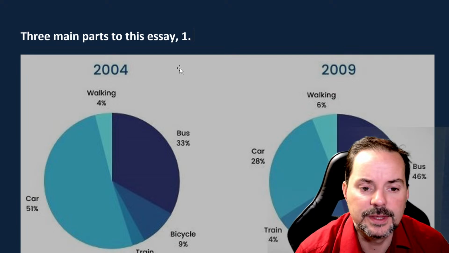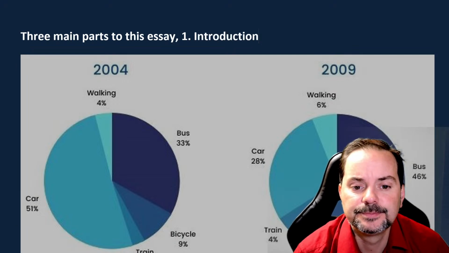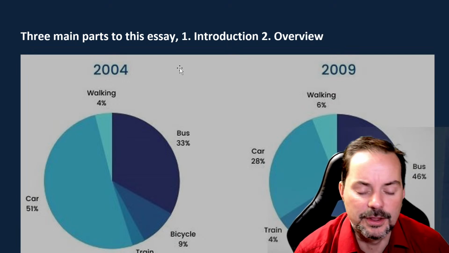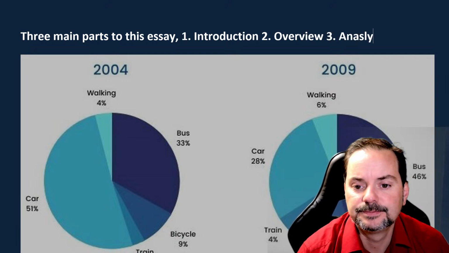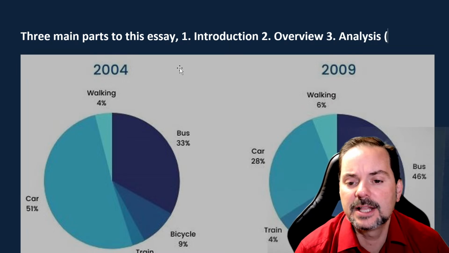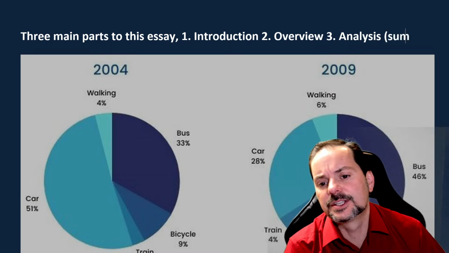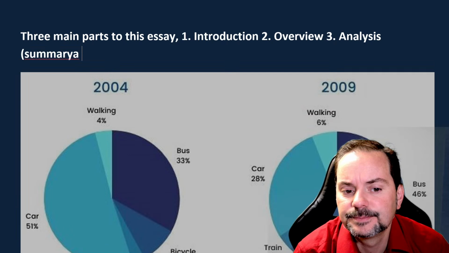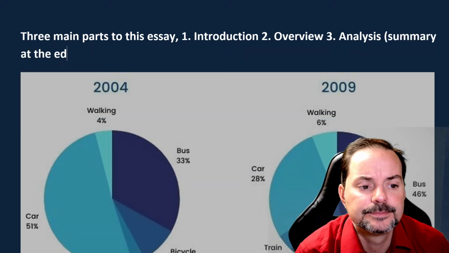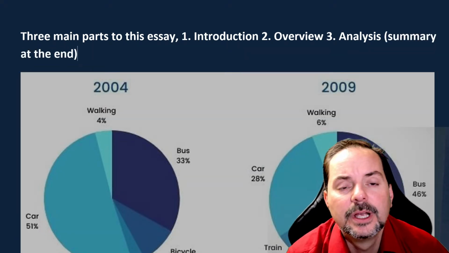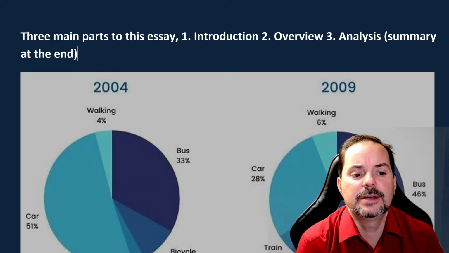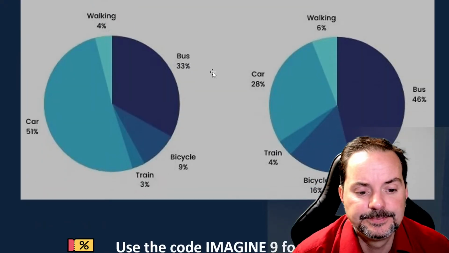You've got number 1, the introduction. You've got 2, the overview. And then you've got 3, the analysis. Okay, the analysis is usually including a summary at the end. Okay, like why did we look at this chart or graph? Okay, so we'll get into that.